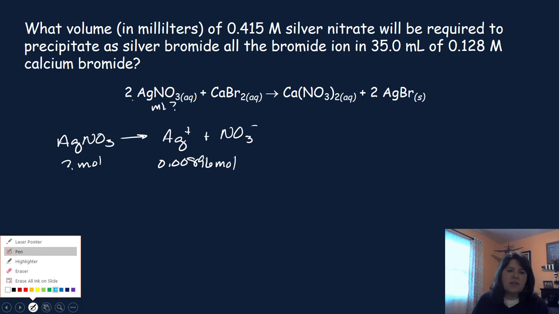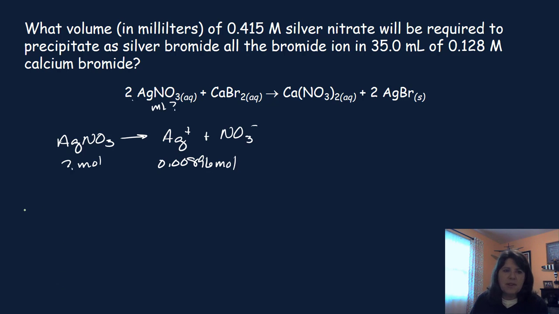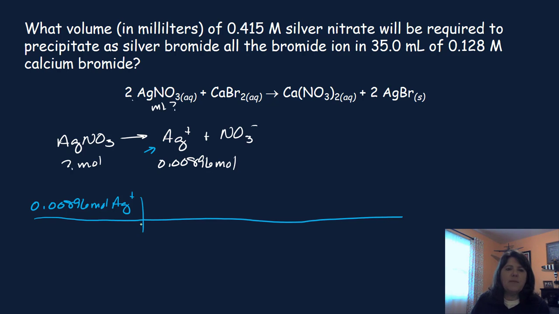I'm going to run this all in one step. You can break it apart into multiple steps, but I know I need 0.00896 moles of silver to run this reaction. I know that for every 1 mole of silver, I need 1 mole of silver nitrate. Remember, I'm after milliliters.